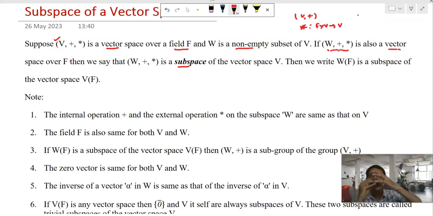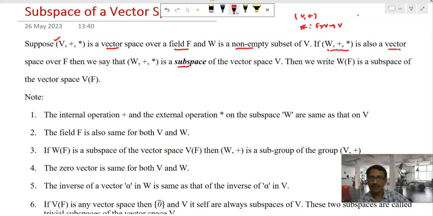So if W itself is a vector space, then we say that this is a subspace of the vector space V, right? As simple as that. But here we take the same field F. Whatever field you consider for the vector space V, the same field you consider for W.